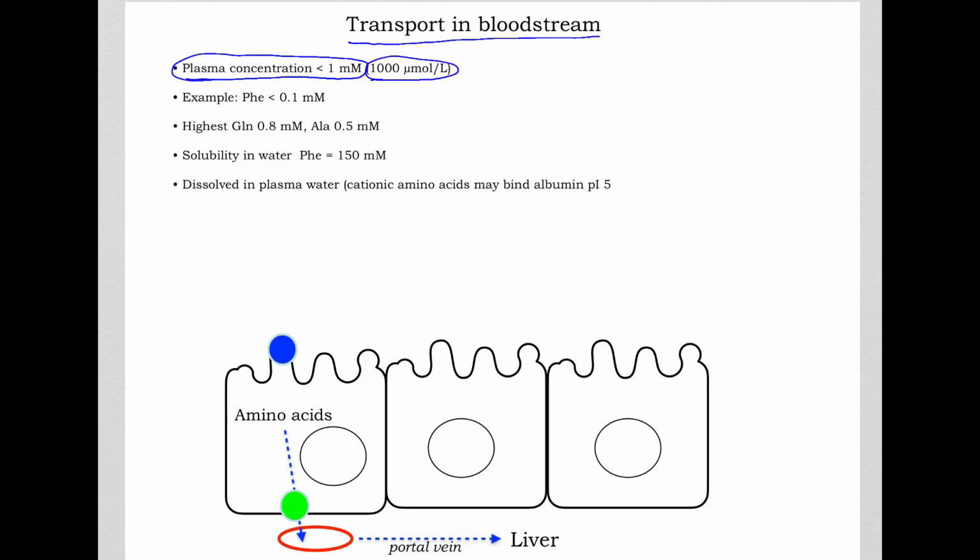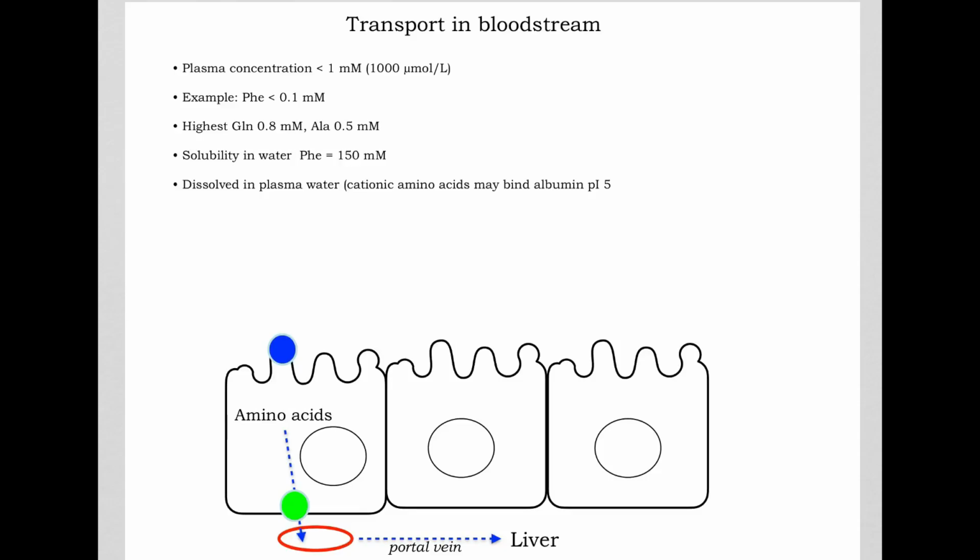For example, one of the most hydrophobic amino acids, phenylalanine, its concentration in the bloodstream is only around less than 0.1 millimolar. The highest concentration in the bloodstream is glutamine. They can have a concentration as high as 0.8 millimolar, alanine 0.5 millimolar.